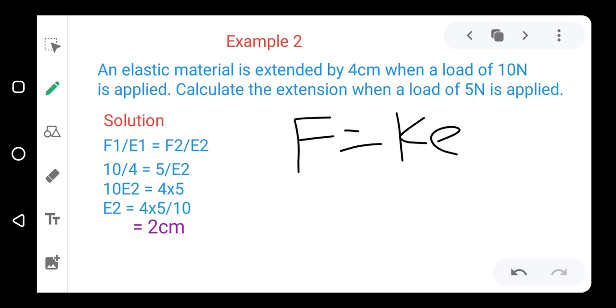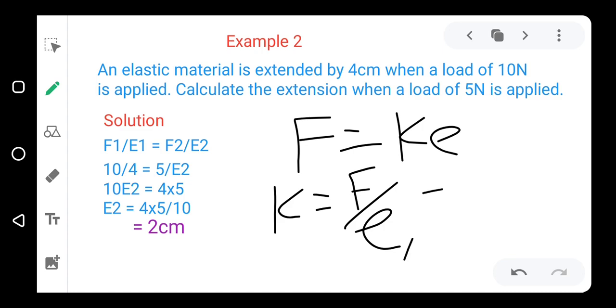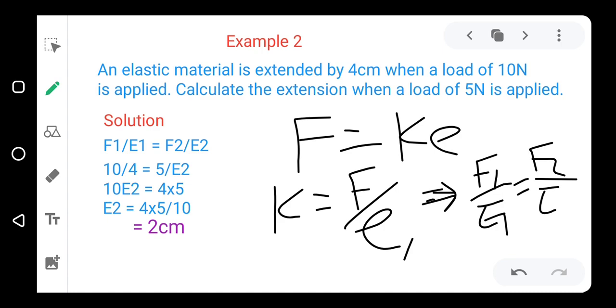So K is equal to F over E. Now assuming that you have different forces and different extensions, it means that F1 over extension 1 is equal to F2 over extension 2.